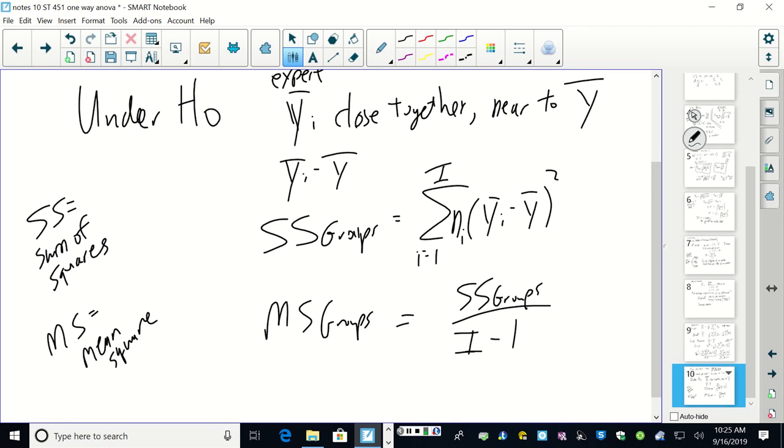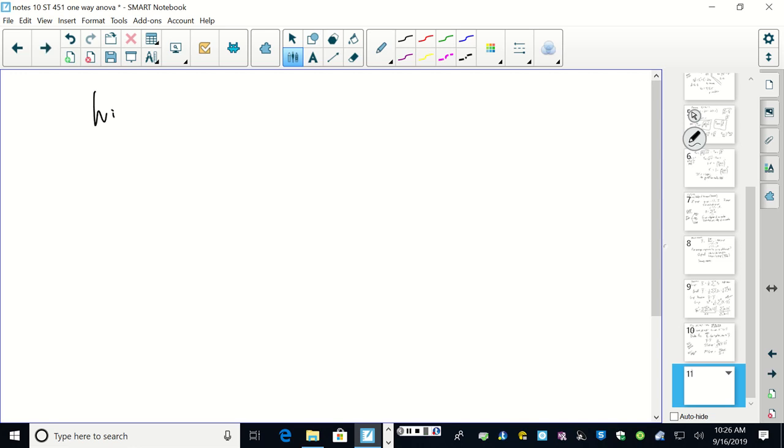If they're really big sample sizes and the null hypothesis is true, you'd expect the y bar i's to be very close. But if it's small sample sizes, the y bar i's might fall further away because there's more variability within the group. So there has to be some aspect of variability within the group. So within groups, we want to account for within group variability.